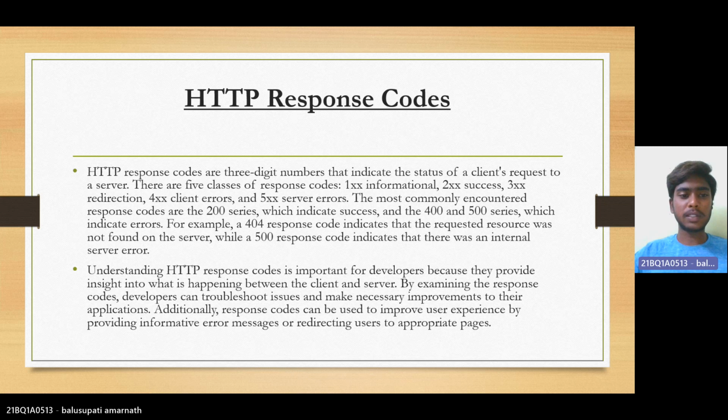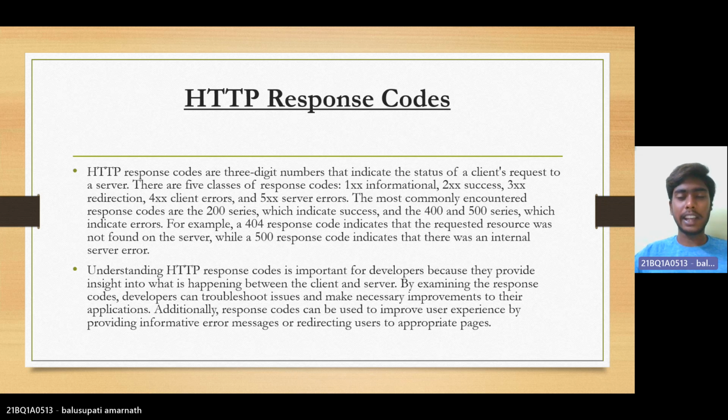And HTTP response codes. How does it respond? HTTP response codes are 3-digit numbers that indicate the status of a client request. There are 5 classes of response codes: 1xx, 2xx, 3xx, 4xx, and 5xx server errors. The most commonly encountered response codes are the 200 series, which indicate success, and 400 and 500, which are errors.